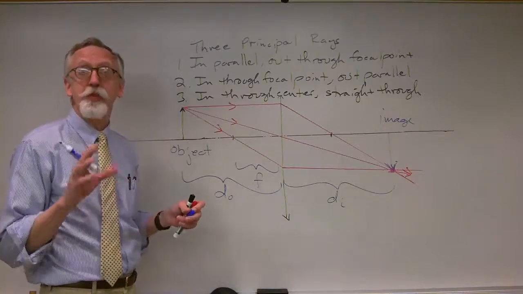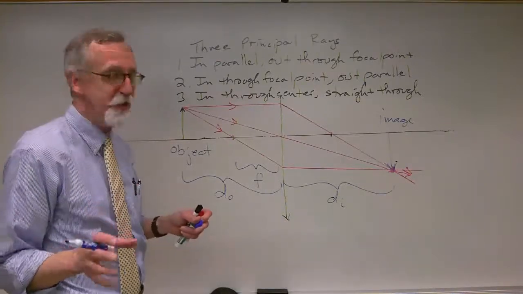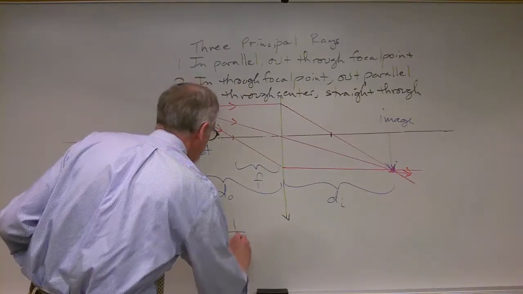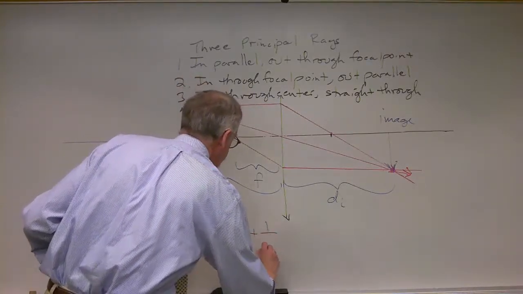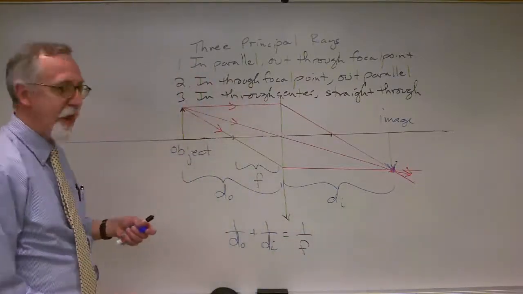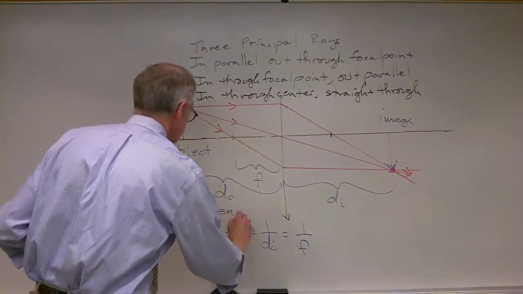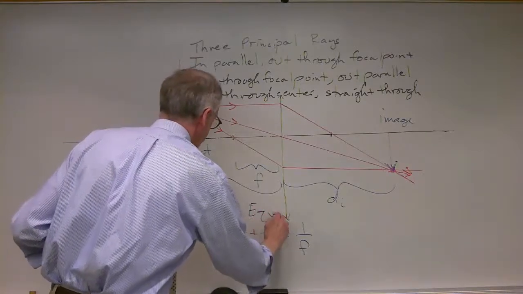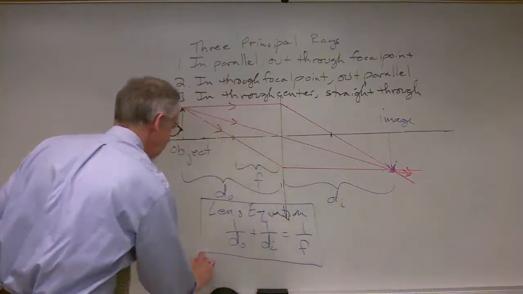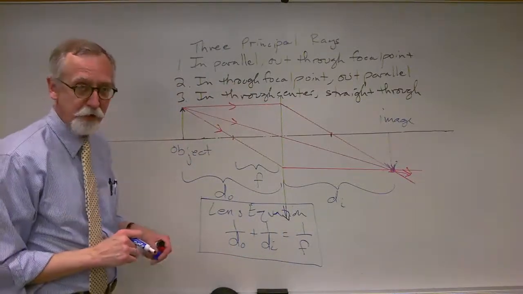Now don't confuse this with the mirror equation. It's completely different. The lens equation is 1 over dO plus 1 over di equals 1 over f. And that is the lens equation. Not to be confused with the mirror equation.